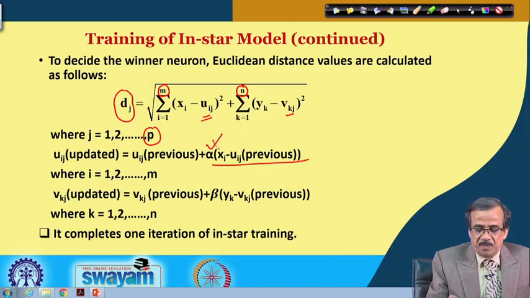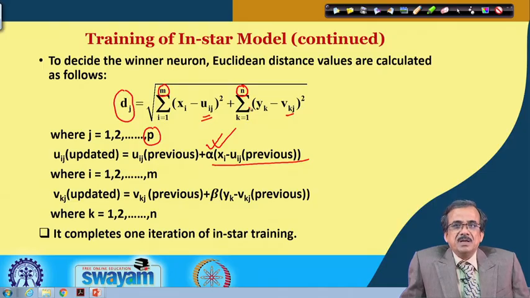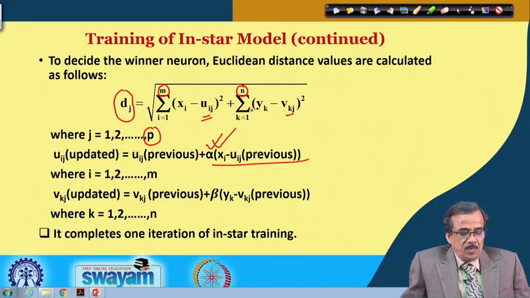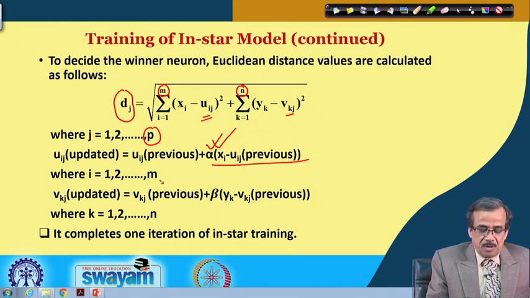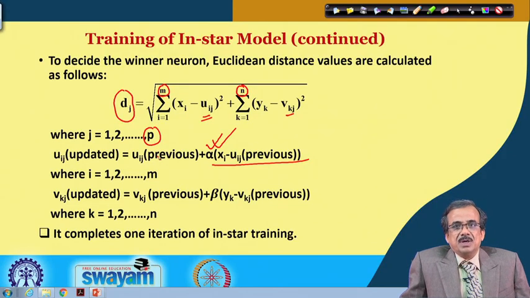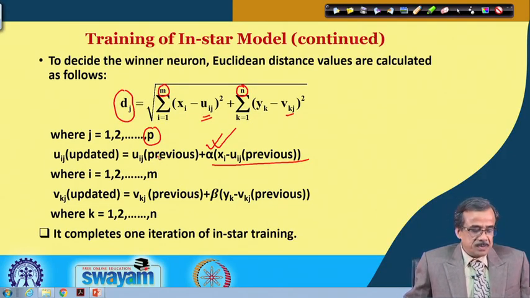Now, here this alpha is nothing but the learning rate lying in the range of 0 to 1. Now, this particular i goes from 1 up to small m, and as I have already mentioned, the small m is nothing but the number of x inputs.